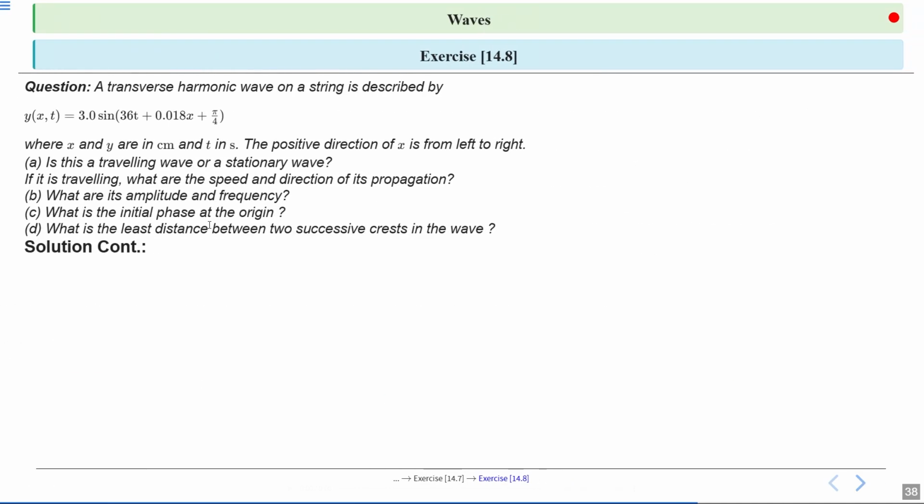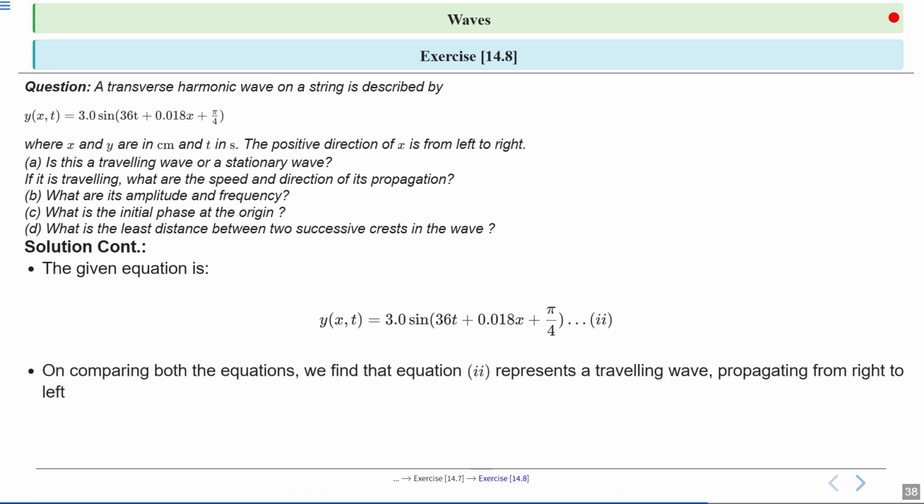Now the given equation is y of x,t is equal to 3.0 sine (36t plus 0.018x plus pi by 4). So on comparing both the equations, we find that the second equation represents a traveling wave propagating from right to left.